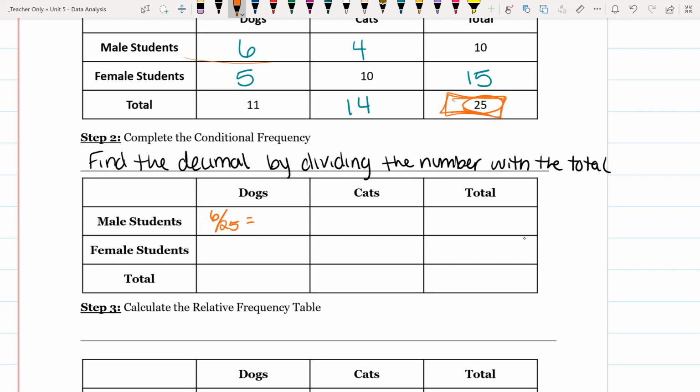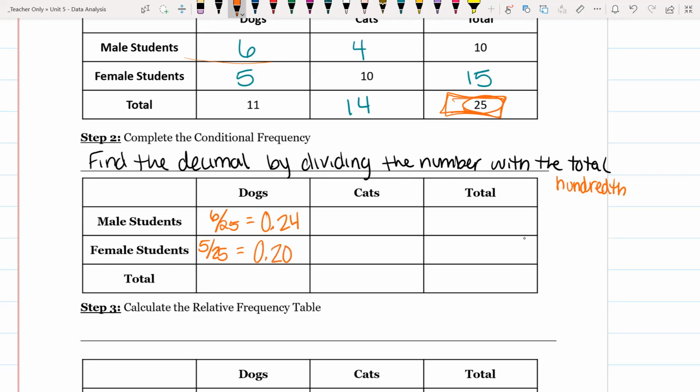I would say we want to round to the hundredths place. Okay, so what is 6 divided by 25? Well, it's 0.24. Okay, and we know that female students, they surveyed 5 out of 25. So what is 5 out of 25 as a decimal? So what is 5 divided by 25?